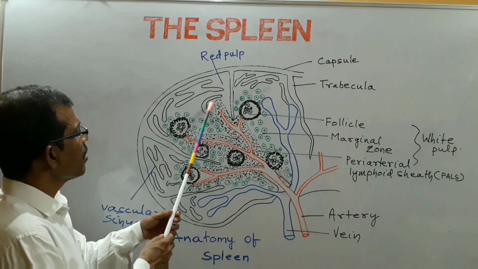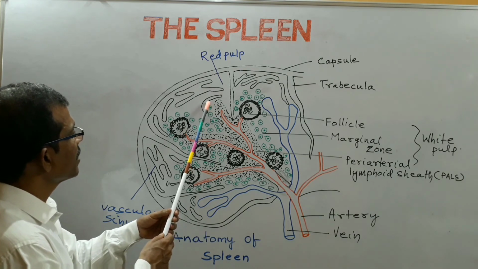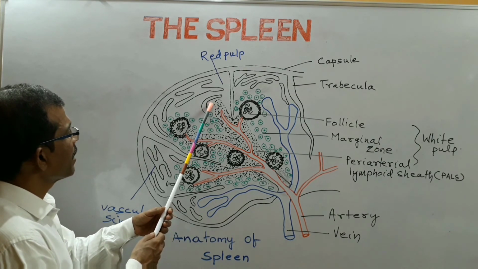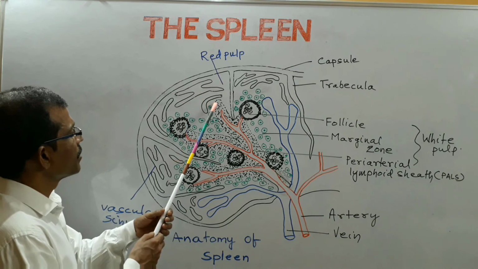In the splenic cord, old and damaged erythrocytes are destroyed by the macrophages, and from the splenic cord, blood flows into the vascular sinusoids.